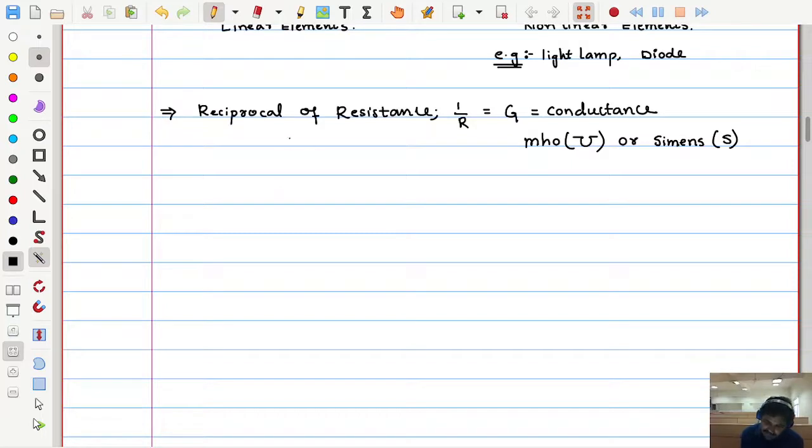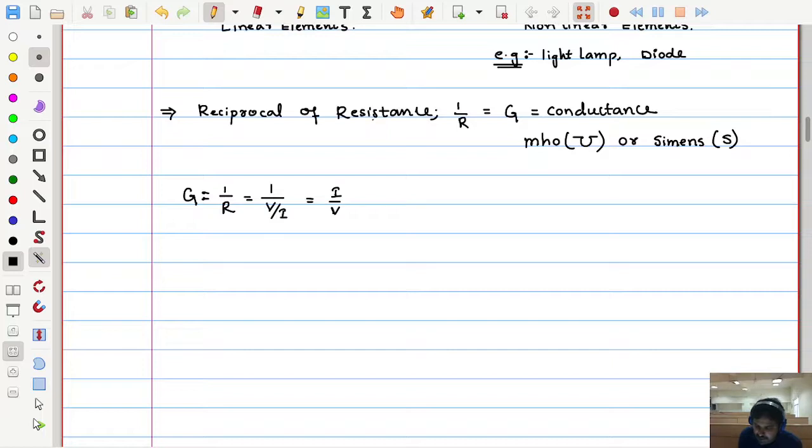What does conductance represent? You can see that conductance G is 1 by R. What is the relationship we got for the resistor? V by I. So can I write this as I by V? So it is the resistance reciprocal.